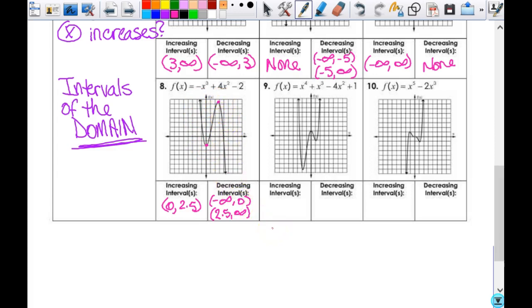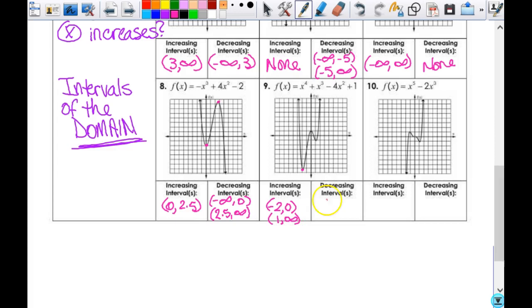All right. Increasing anywhere here? Yes. Okay. So my first increasing, we'll say that's negative 2. If you put a point on there big enough, it'll look like it's a negative 2. Negative 2 to 0. And then also 1 to infinity. Okay.